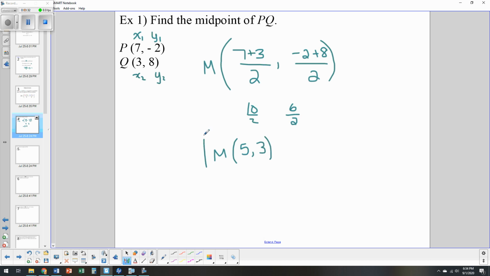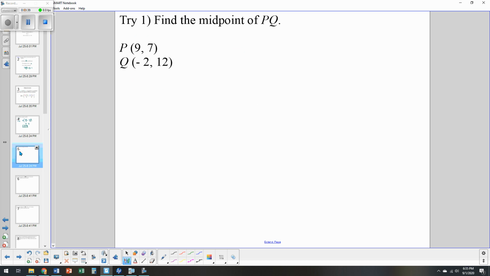I'm always going to write the midpoint as an ordered pair inside parentheses because it does represent a point in the coordinate plane. So you can try the next one. You can pause it and I'm going to put the answer.